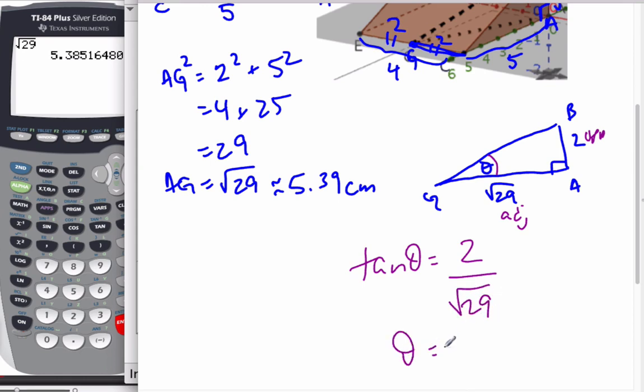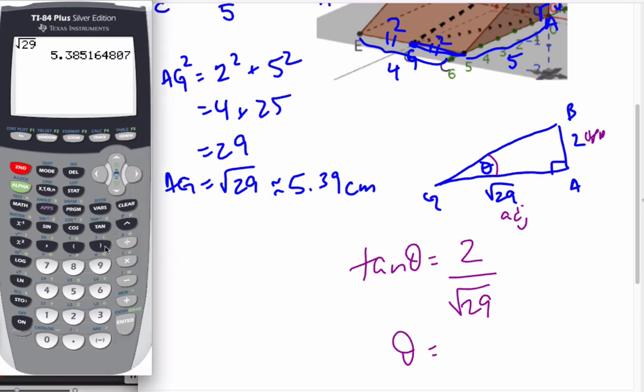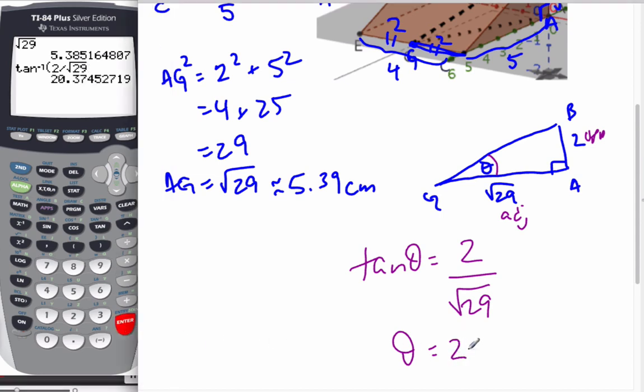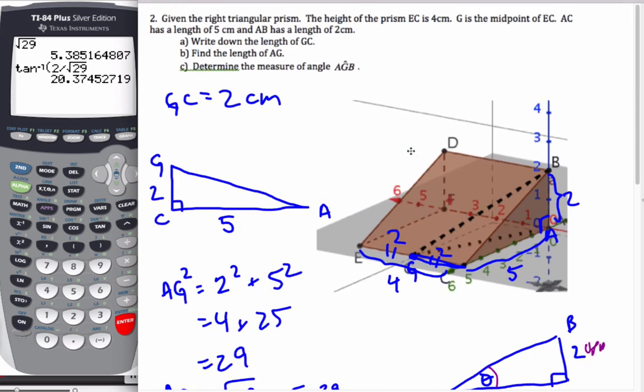And so then to find the angle, I go to my calculator, go second tangent, and I go 2 divided by the square root of 29, and I hit enter on that, and I end up with 20.4 degrees approximately. Okay, so using trigonometry and Pythagoras, we can find lots of information in the 3D problems.